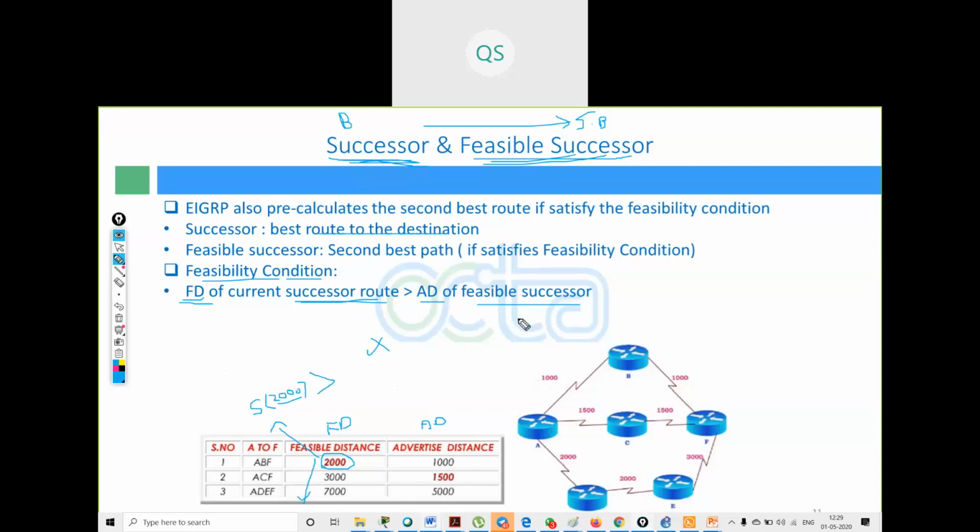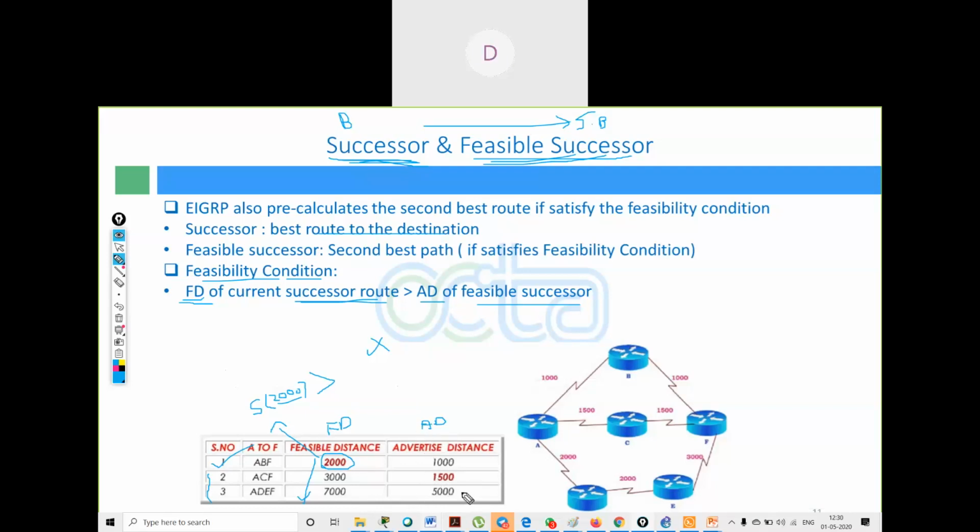From these three routes, this is my best route, my successor route. The FD of the successor route is 2000. I have two more routes, so I can select one of them as my second best route. I will check the feasibility condition with the advertised distance.